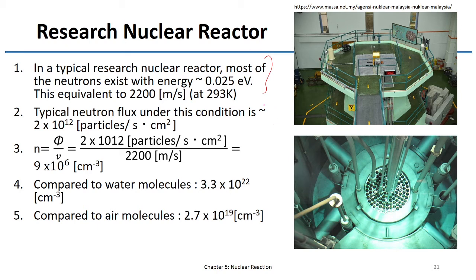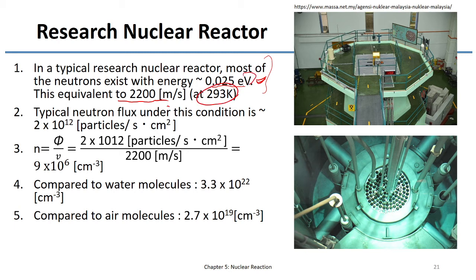The average neutron in the nuclear reactor moves at the speed of 2,200 meter per second. That's equivalent to the energy at this temperature.